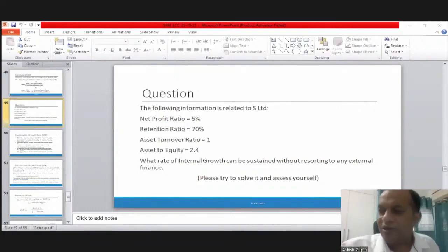In the question, it has been mentioned that sales for the year 600 lakh will be there. The sales are expected to grow by 20%.